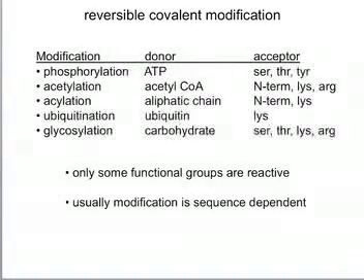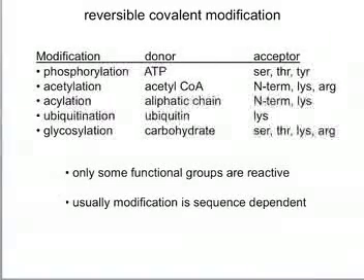But the other thing that let me point out here is two things. First of all, acylation, ubiquitination, and glycosylation, these are often involved in targeting of the protein to some specific location. Phosphorylation and acetylation are two processes that are more involved in the activation or inactivation of the enzyme.